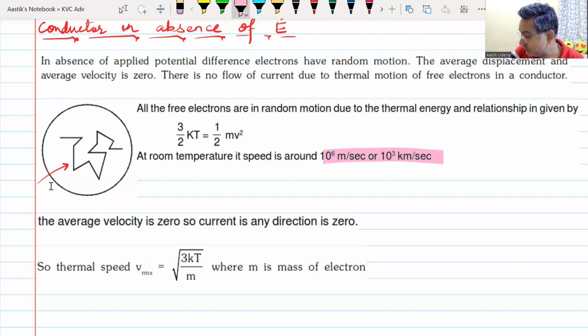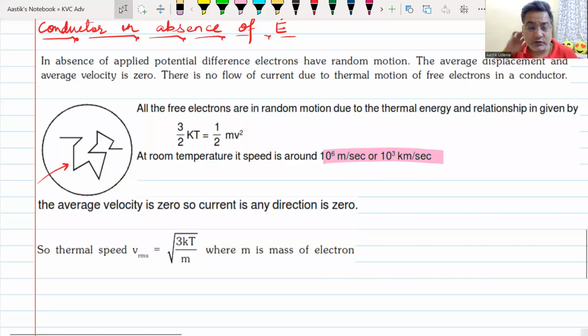So, do we understand what I have said? Yes. Are we there, beta? Please tell me, are we there? Yes, sir. So the net velocity is 0. Therefore, the current in a conductor when there is no electric field is 0. Do we understand this? Yes, sir.